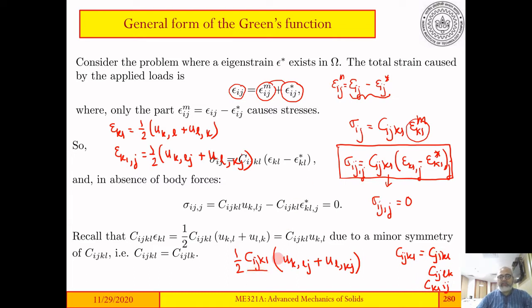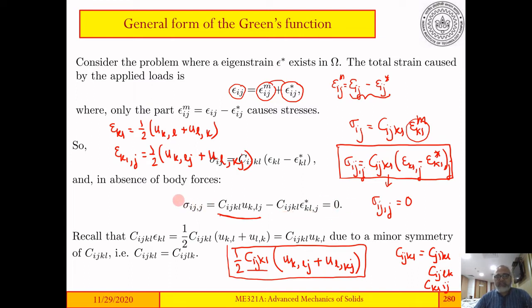If you make use of these symmetries, and I leave this exercise to you, you can show that C ij kl u k comma lj is the same as C ij kl u l comma kj, and both of them together give you 2 times the first term, and then this half cancels the 2 out. And here I have C ij kl times epsilon kl star comma j is equal to 0.